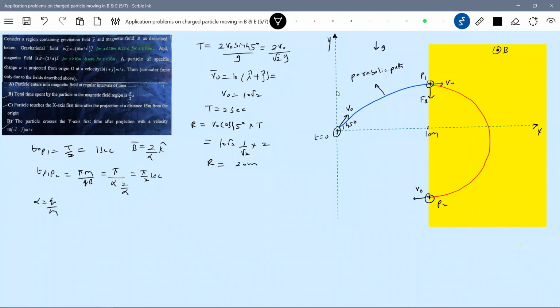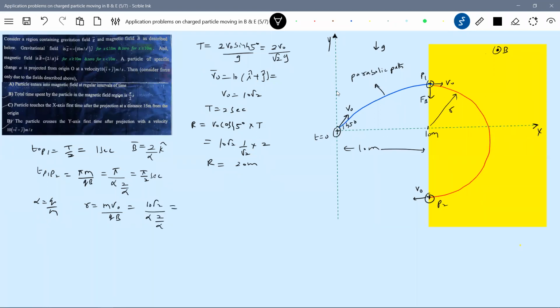Then the particle touches the x-axis first time after projection at a distance 15 meters from the origin. Okay, this is 10 meters. This will be the radius, no? So what is the radius? Small r I'll indicate. Radius r equal to m v naught by q b. v naught value 10 root 2 alpha.